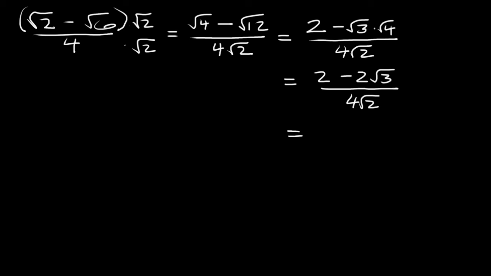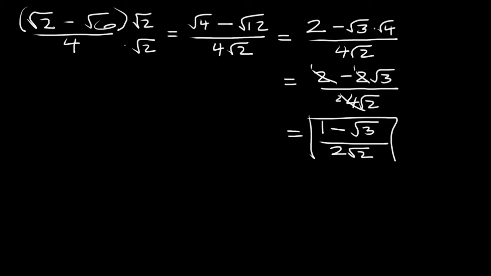And there's a 2 in all of these, so I can reduce. And I end up with 1 minus square root of 3 over 2 root 2, which, though it's not as pretty and it's not rationalized, it is actually the same as the answer that we arrived at.